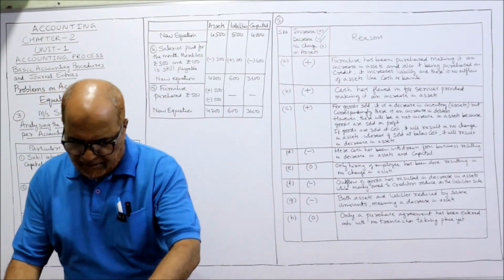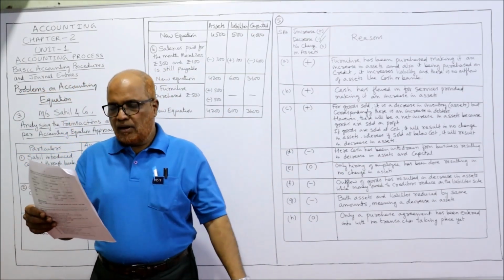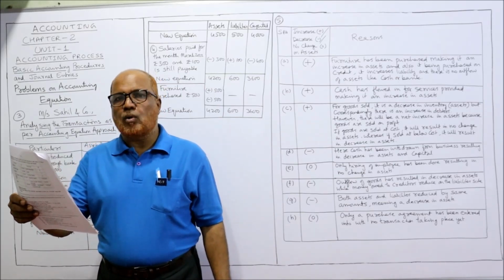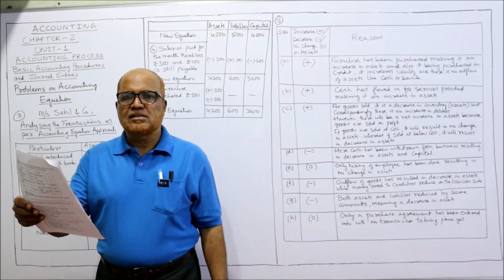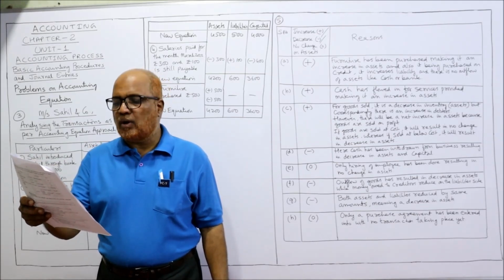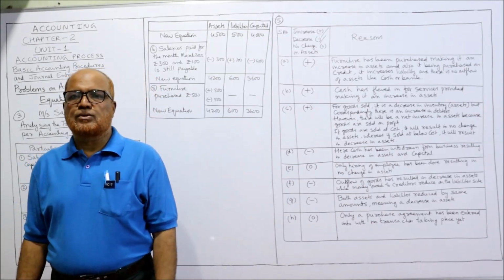Now, next problem, fourth problem already we have done in the previous video. Now fifth problem. Show the effect of increase is equal to plus, decrease is equal to minus and no change is equal to 0 on the assets of the following transactions.